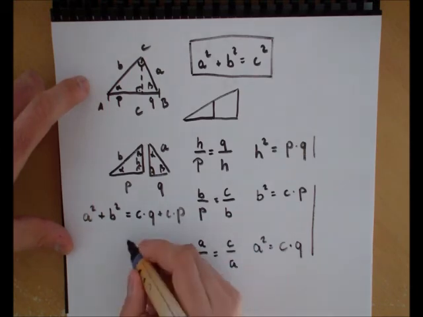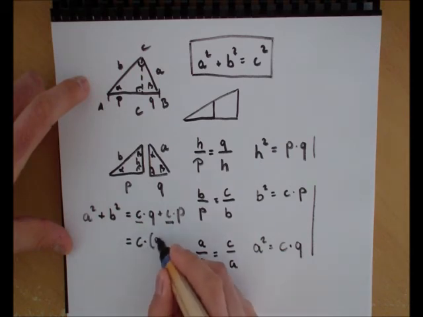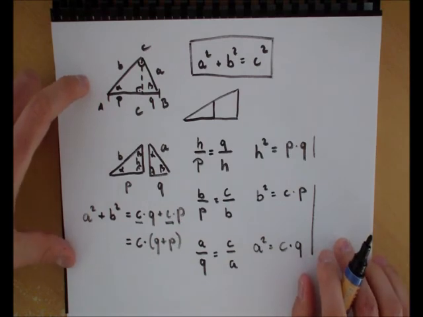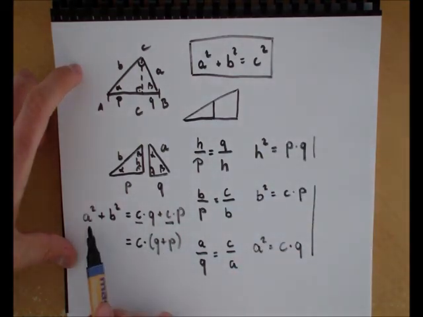Let's not stop at this point. We have C here and C here, so just factor this out. We get C times Q plus P. That looks nice. Actually, if this was equal to C, we would have A squared plus B squared equals C squared.